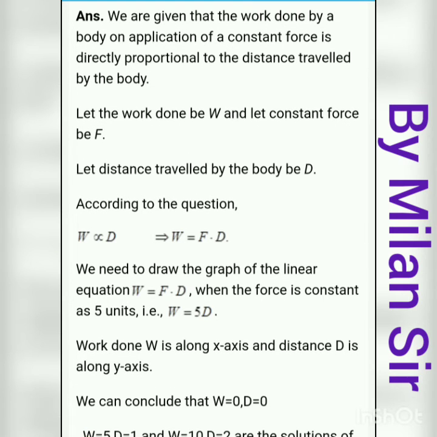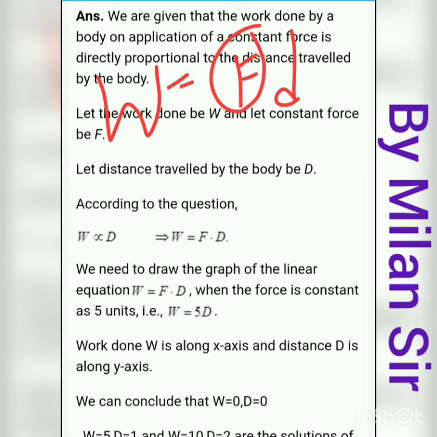First of all, work done W, it is F D, right? Force multiplied by distance. Work W is equal to force multiplied by distance. I think this formula is already there in the syllabus of science, right? So work done W is equal to F multiplied by D. Now constant force is given to you as 5, right?